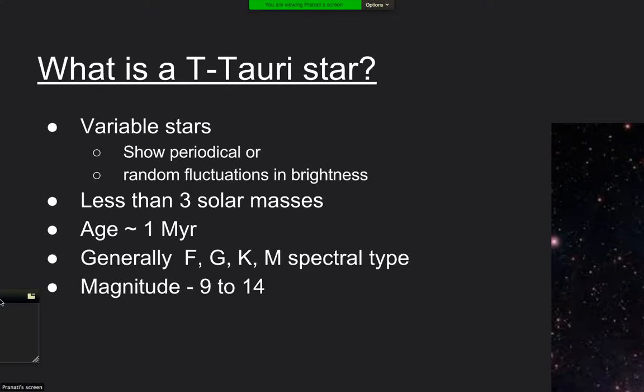They are generally F, G, K, M stars on the HR diagram, which tells us that these stars are pretty cool and are reddish, orange, or yellow in color. Their magnitude of luminosity ranges between 9 and 14, which means that they are hardly visible in the night sky. The lesser the magnitude, the brighter they are for us to see in the sky.